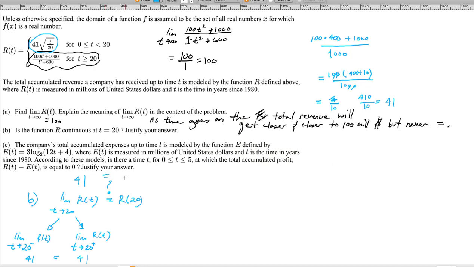So they both equal 41, so this limit exists and equals 41. Now I need to check r of 20. Is that 41? Yeah, because it's defined for this bottom piece right here. R of 20, I use that bottom piece, and I just plug in and I got 41 again.